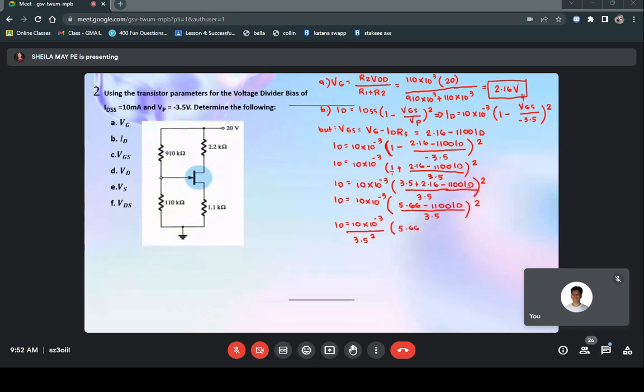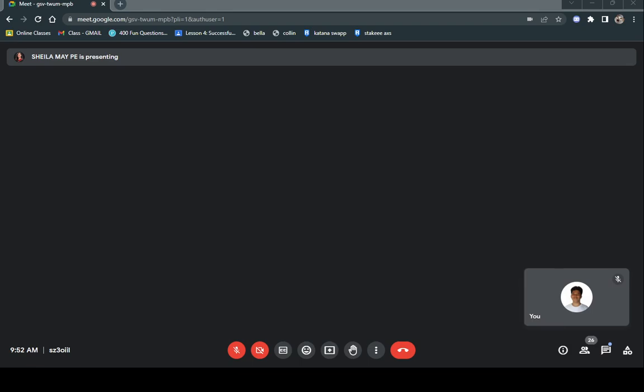So we have a square of binomial already. So 10 milli divided by 3.5 squared.